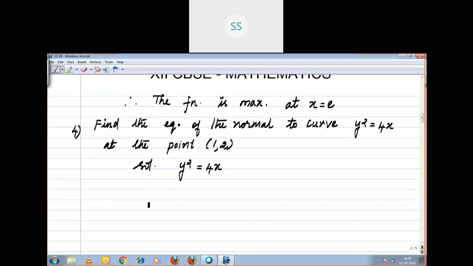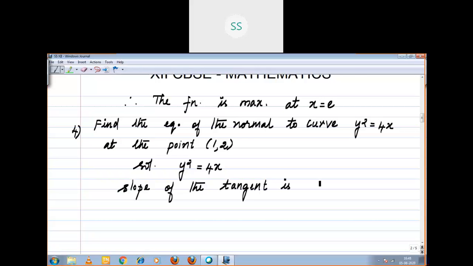You have to recall slope of the tangent. Slope of the tangent is nothing but dy by dx, right? If you find the slope of the tangent only, you can find the slope of the normal. For the slope of the tangent, you are going to differentiate.